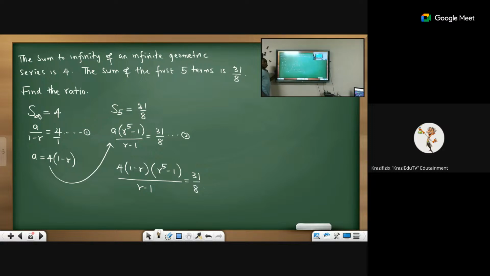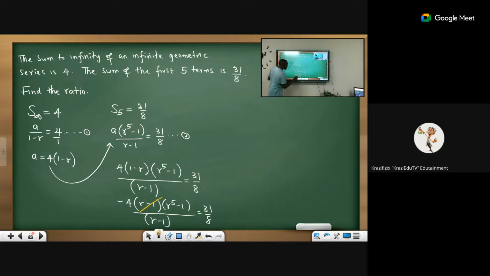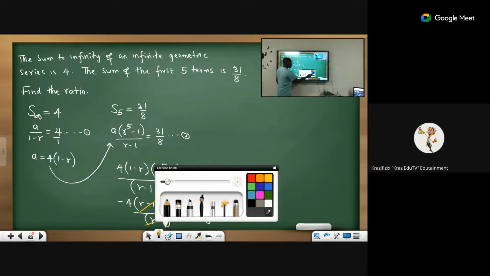Let's try to solve. I don't know if you see the sign change there. We did a question that required that. If I put a negative here, 4, I could then write this as R to the power 5 minus 1 over R minus 1 equals 31/8. I've done sign change now, right? We spoke about this in our second lesson. Make sense?